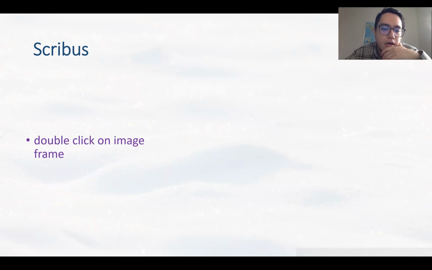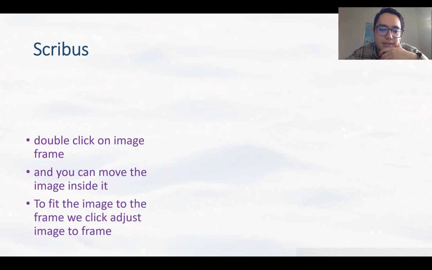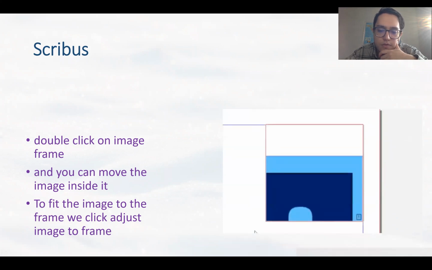Double click on the image frame and you can move the image inside it. To fit the image to the frame, we click adjust image to the frame. So first, if we double click on this here, this is Get Image, right? We've got the image, but it brings it in the original size.